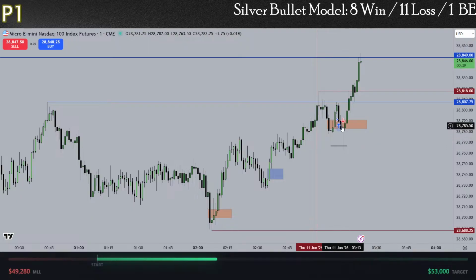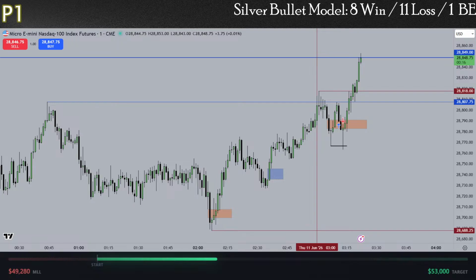I made a mistake. Definitely, I made a mistake. I overlooked the possibility that we could see a stop run here, especially since there was really no stop hunt for a long time. So there was a possibility of that happening, but it is what it is.